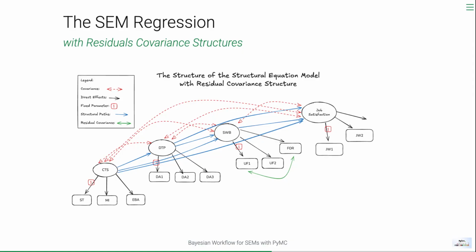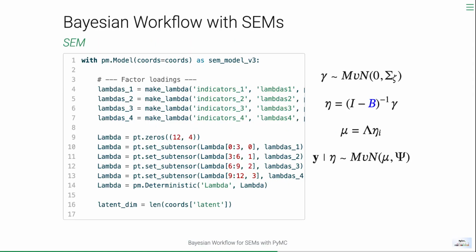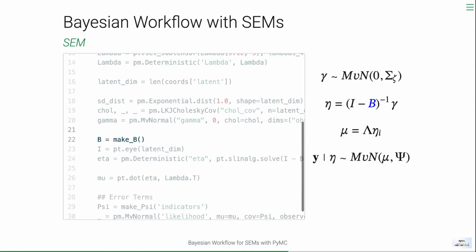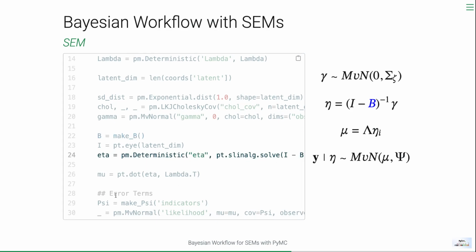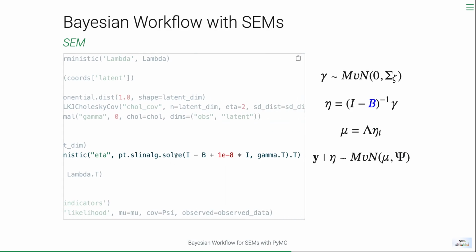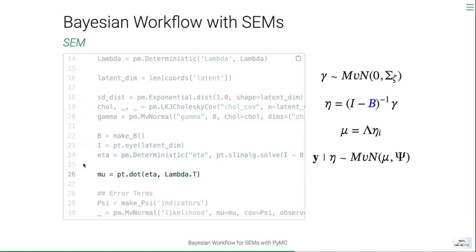So in the PyMC context, what this looks like is similar to the CFA model you saw before, but now I've bundled that B matrix into a make B function here. We basically take the make B function, we solve it, and then we get another estimate for our latent constructs, so the conditional expectations of the observed variables.